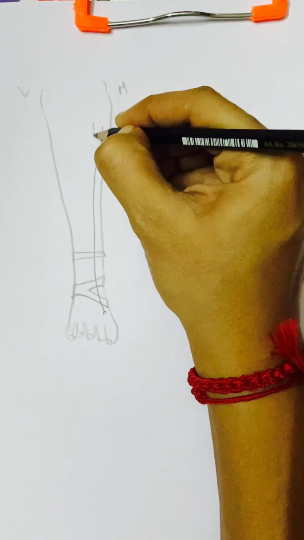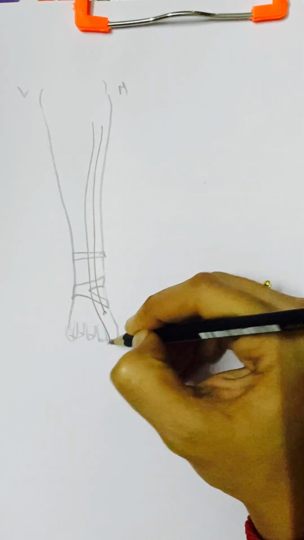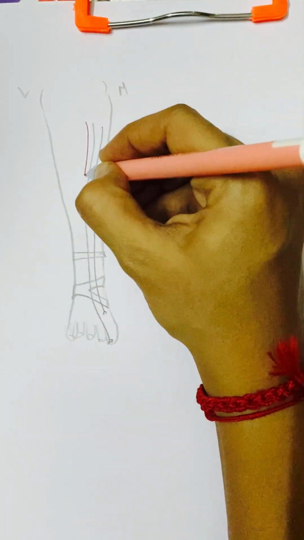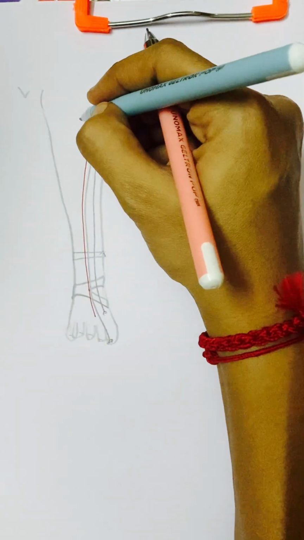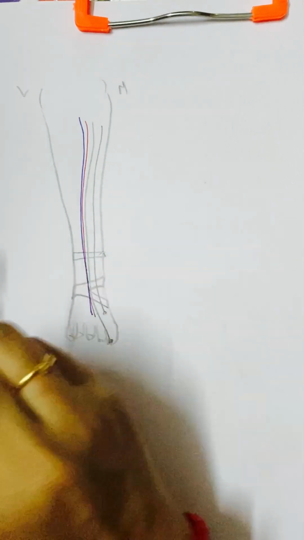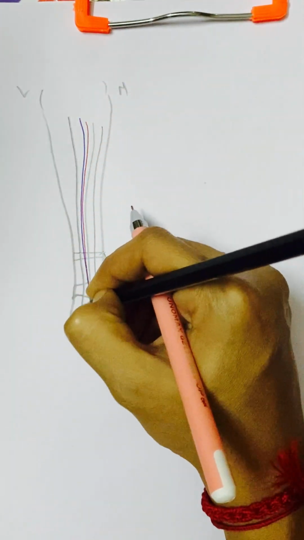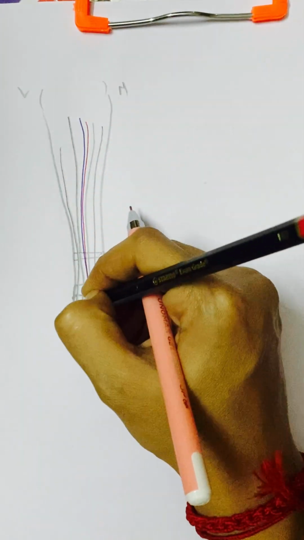What are the structures which pass beneath this extensor retinaculum? We have muscles, nerves and arteries in front of leg. So from medial to lateral, these are the arteries and nerves, and the ones drawn in pencil are the muscles.